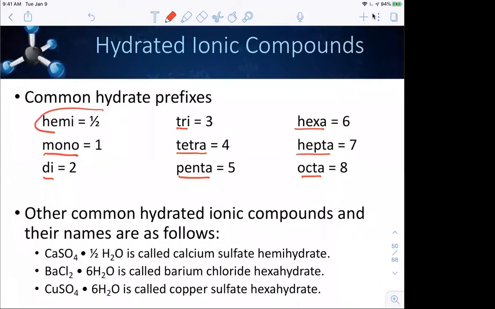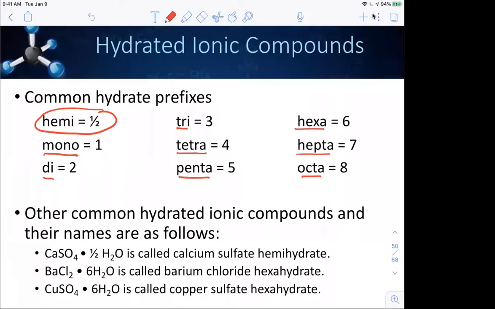This one might be new. I can actually have a half of a water associated with a particular formula unit. So basically 2 formula units per 1 water. But because I'm looking at the number of waters per formula unit, I would get this hemi.